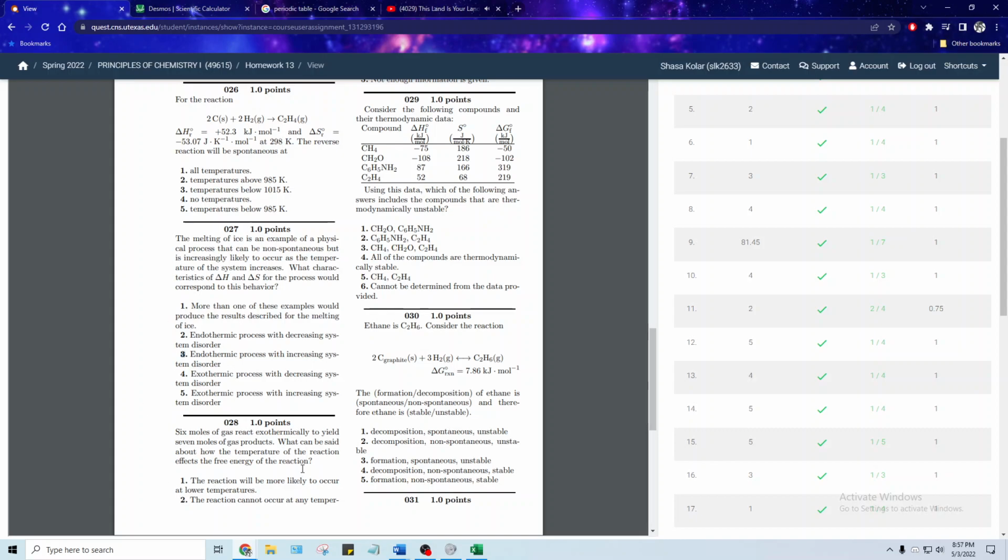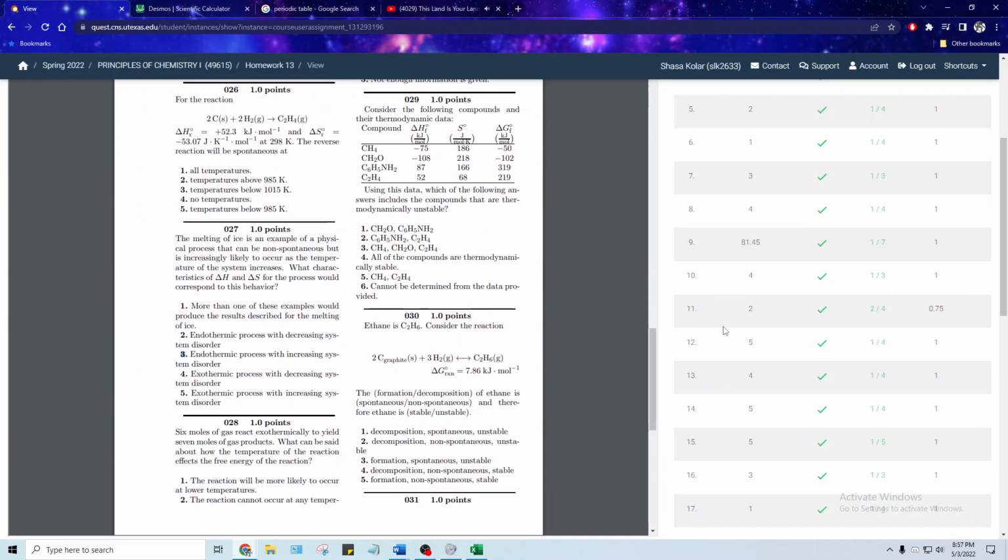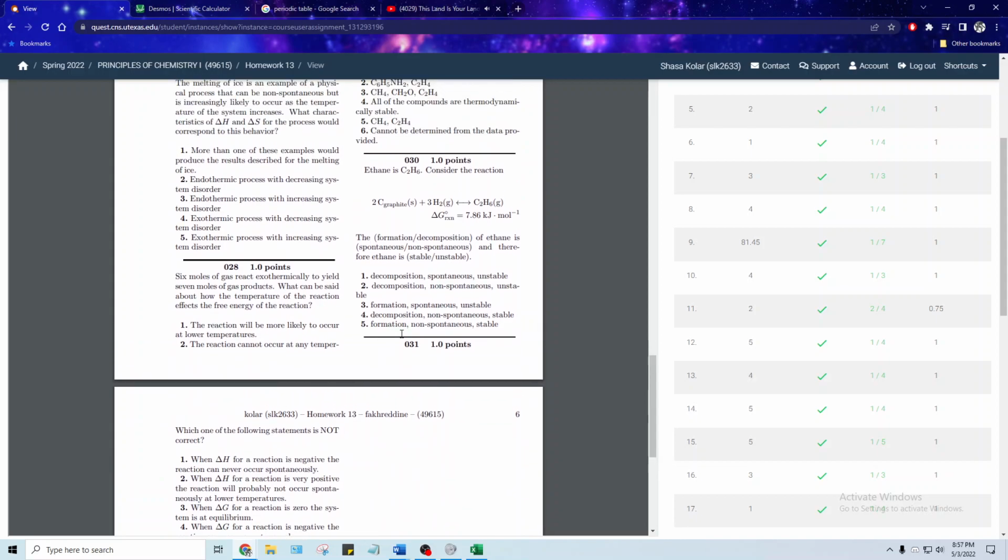So it's number 3, and number 3 is the right answer. Also, delta H being positive means that heat is going in, which is what you need to melt ice. And when ice melts, entropy increases. So delta S is positive, and delta H positive means endothermic, and delta S being positive means increasing disorder. That's how that works.